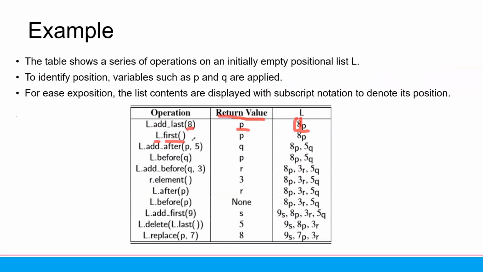Because I only have one element, it is 8 at P. Because I have only one, it will return P.